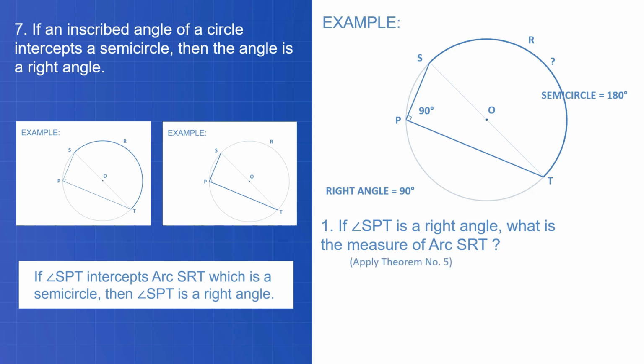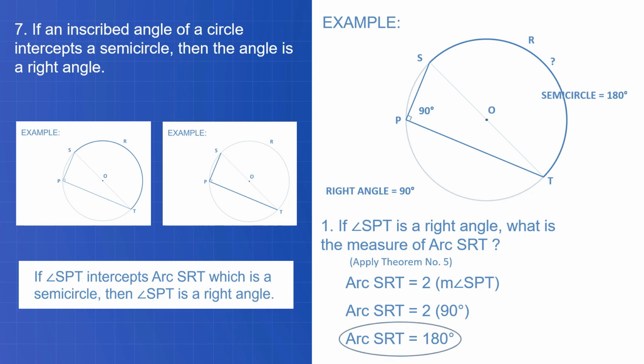But let's try to solve it by applying theorem number 5. That would give us arc SRT equals 2 times the measure of angle SPT. Substitute the value of angle SPT, which is 90 degrees, and then simplify. We will have 180 degrees.